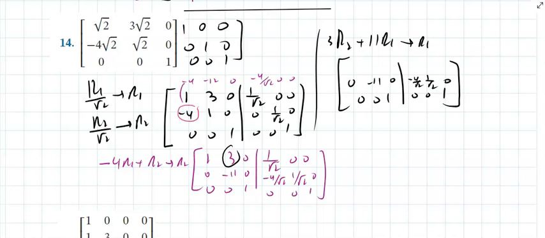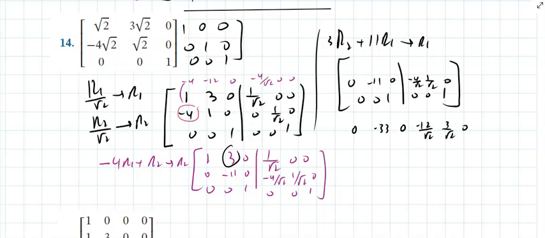And if I look at 3 times row 2, 3 times row 2 will be 0, 3, yeah, -33, 0, -12 over radical 2, 3 over radical 2, and a 0.